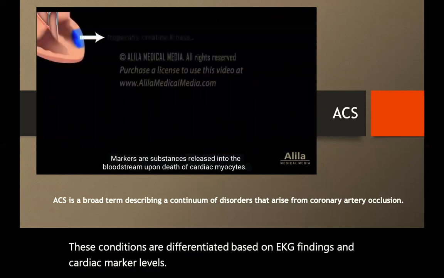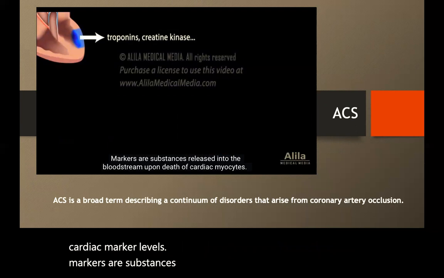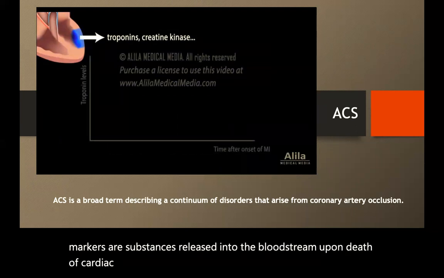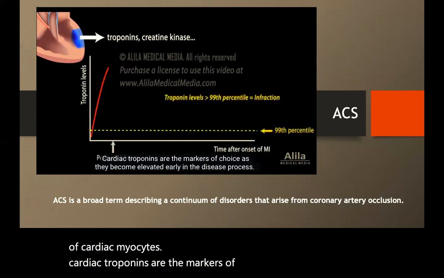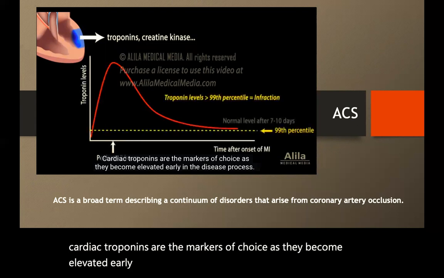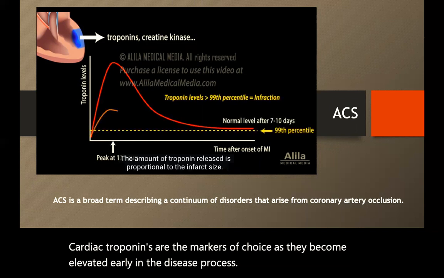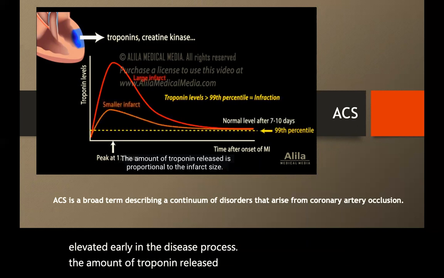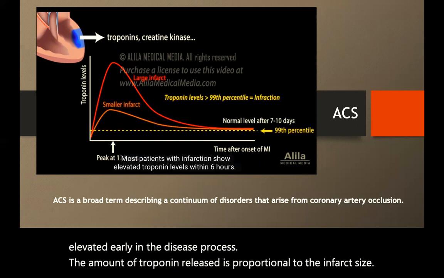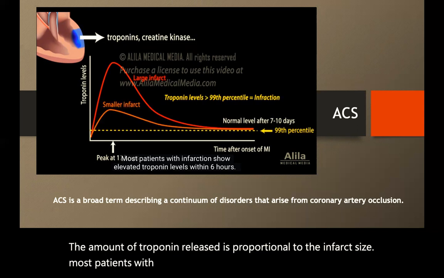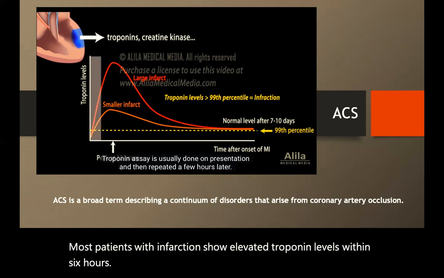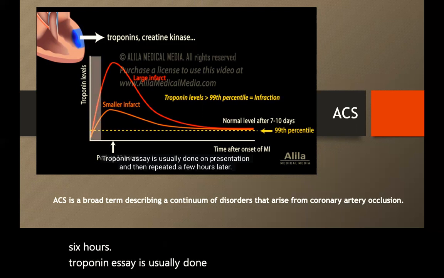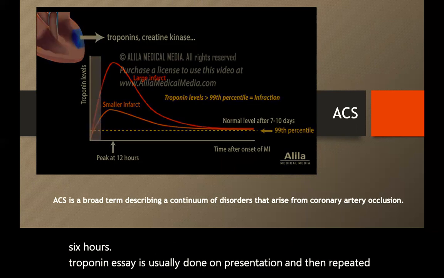Markers are substances released into the bloodstream upon death of cardiac myocytes. Cardiac troponins are the markers of choice as they become elevated early in the disease process. The amount of troponin released is proportional to the infarct size. Most patients with infarction show elevated troponin levels within 6 hours. Troponin assay is usually done on presentation and then repeated a few hours later.